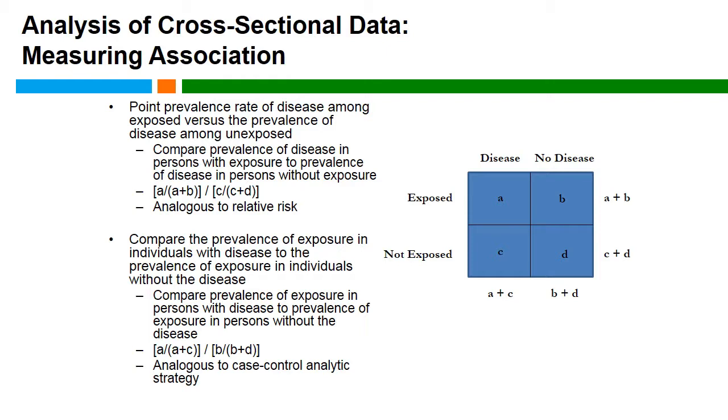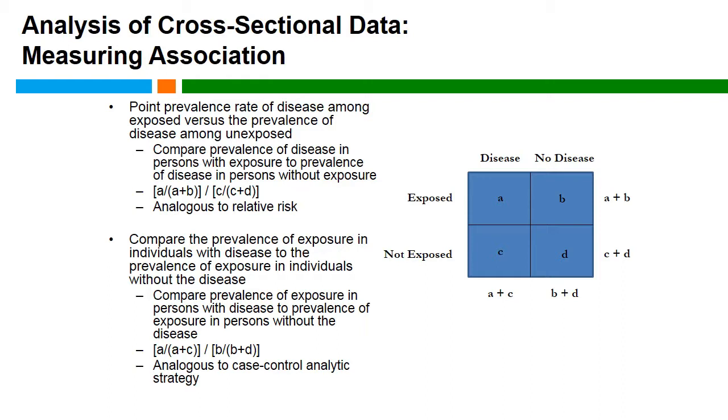In this simple case, the prevalence of disease among the exposed population is A over A plus B, while the prevalence of disease in the unexposed population is C over C plus D. The ratio of the two, A over A plus B over C over C plus D, is the estimate of the point prevalence rate of disease. An alternative approach to this would be to compare the prevalence of exposure in individuals with disease to the prevalence of exposure in individuals without disease.